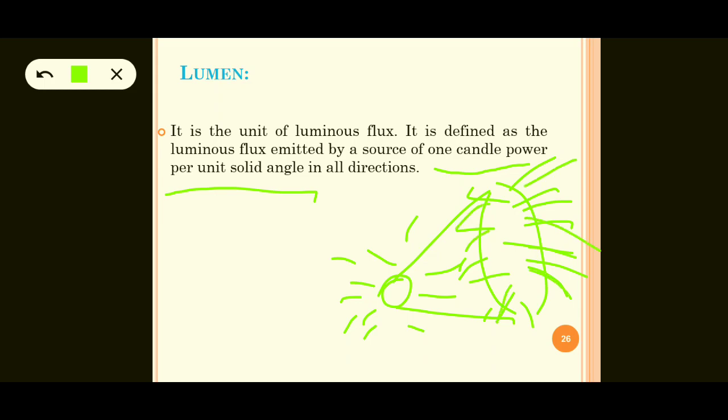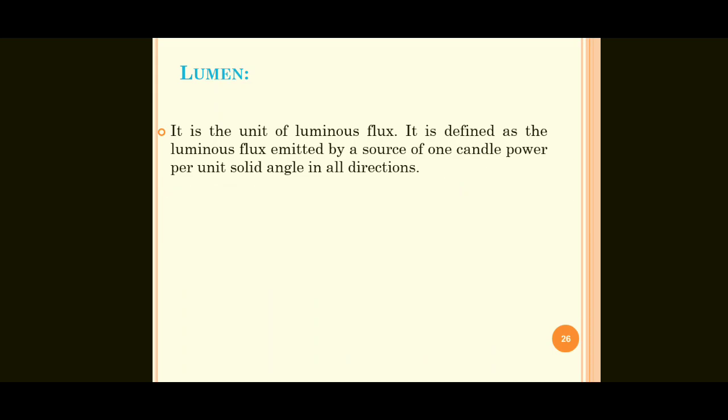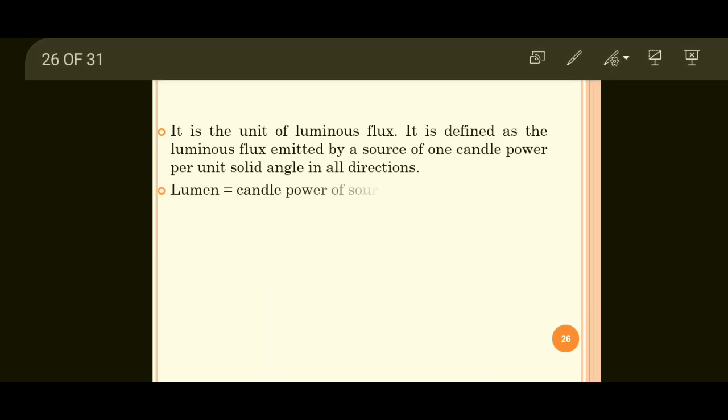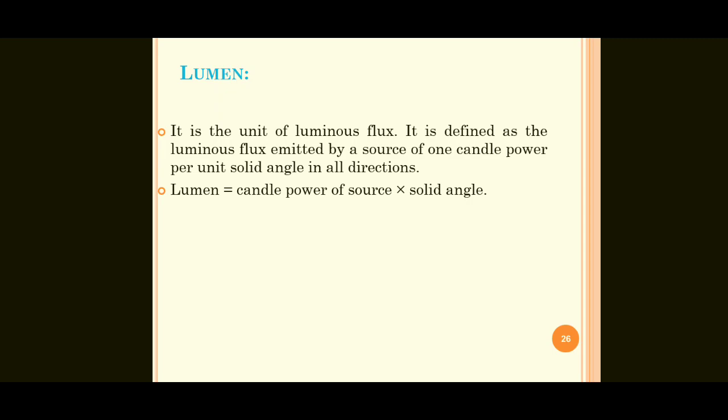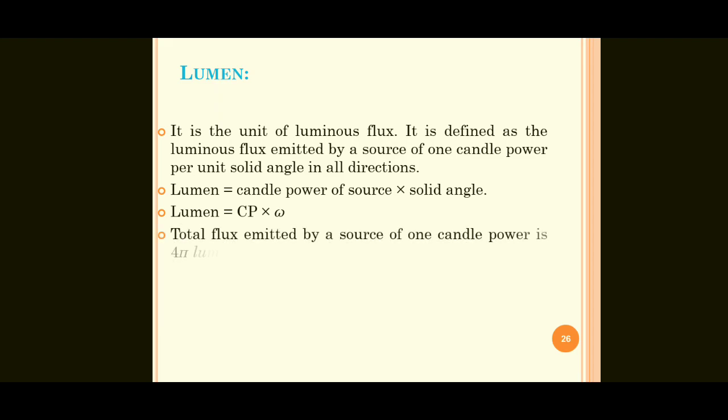So lumen is equal to candle power of the source into solid angle, omega. The total flux emitted by a source of 1 candle power is equal to 4 pi lumens.